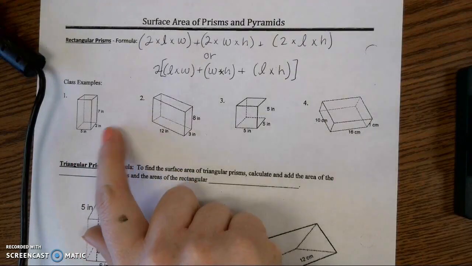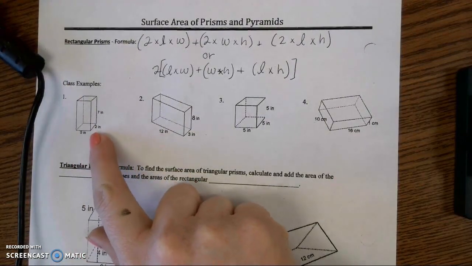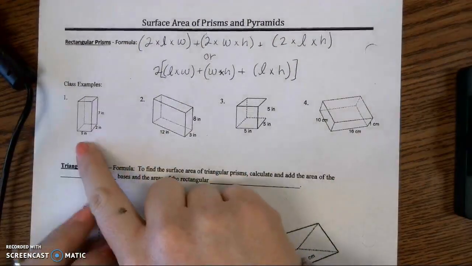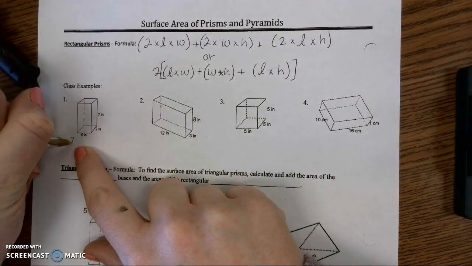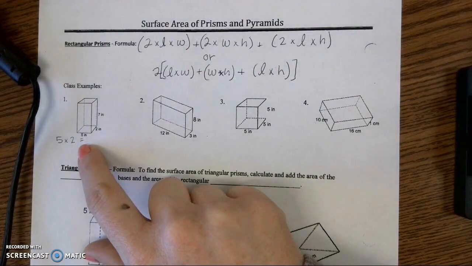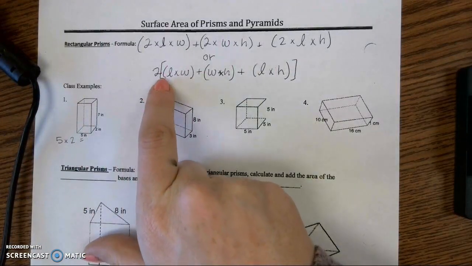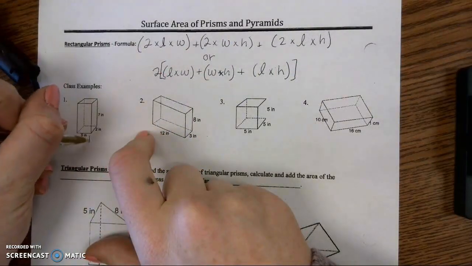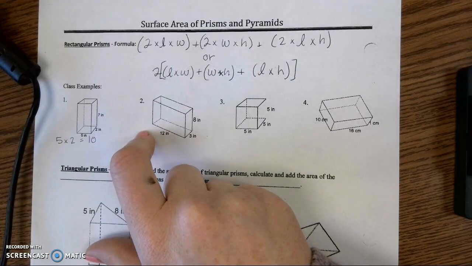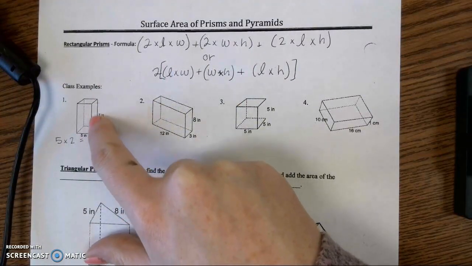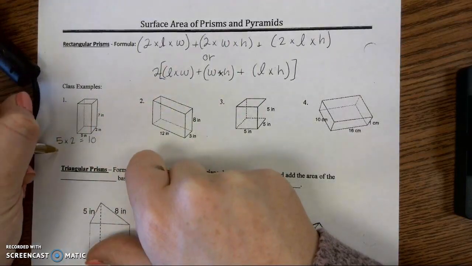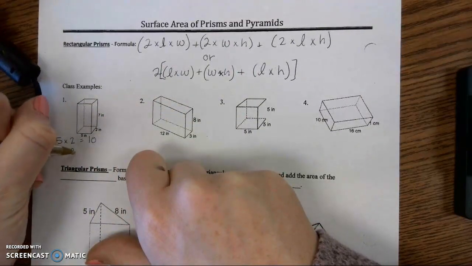So for example 1, we have a rectangular prism. If I'm looking at that bottom face, or the base in this case, I would take 5 times 2. I'm going to be doing it the second way. So 5 times 2, that's 10. If I look at that lateral face on the side, I have a face that is 7 by 2.